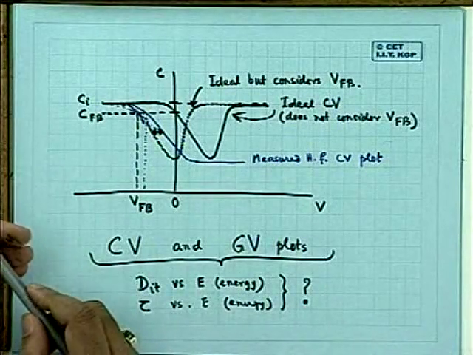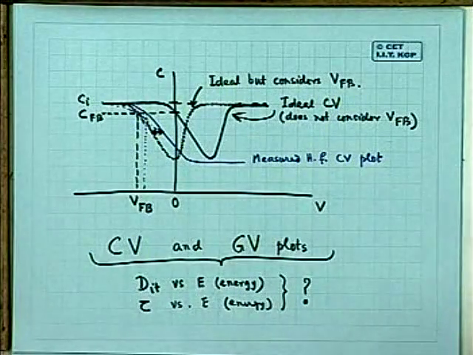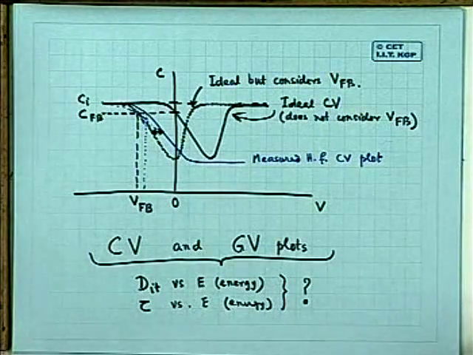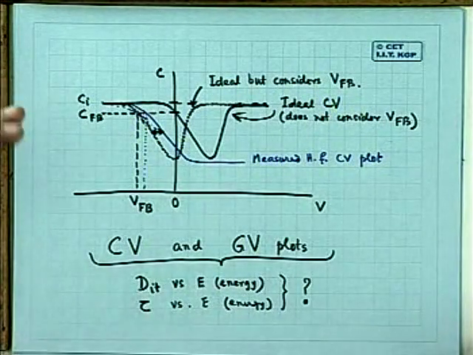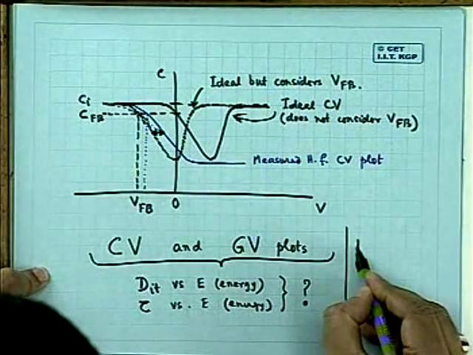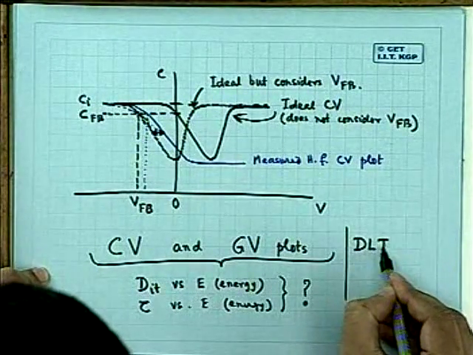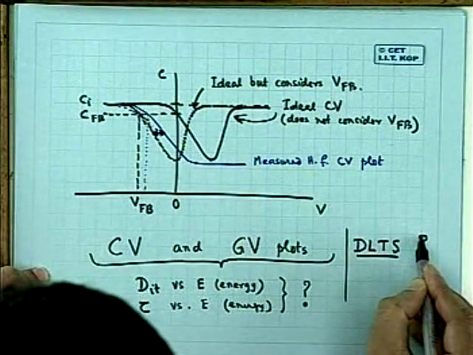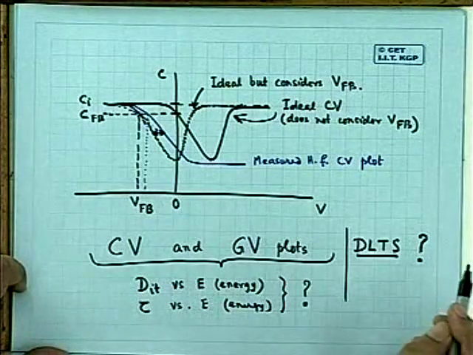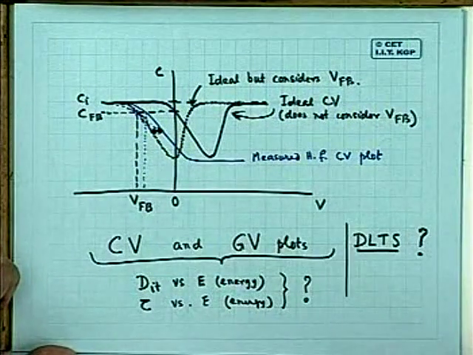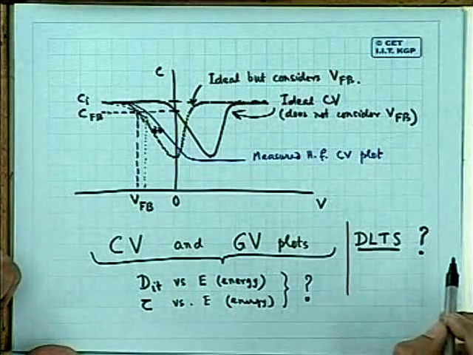You'll find that CV and GV techniques are so popular for characterization of semiconductor interfaces. And there is a technique called DLTS. I do not know whether any one of you has heard of it or not. Can you expand DLTS? This stands for deep level trap spectroscopy.